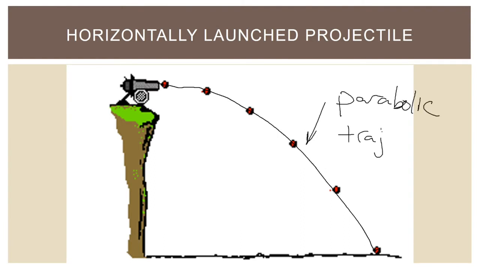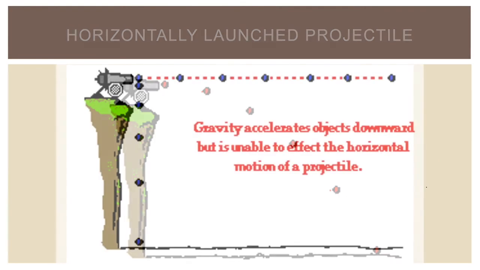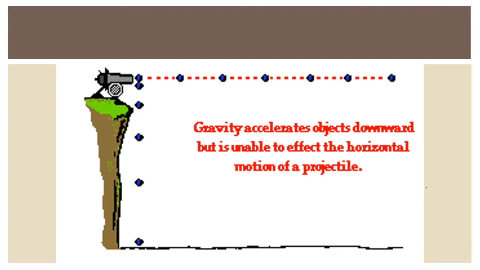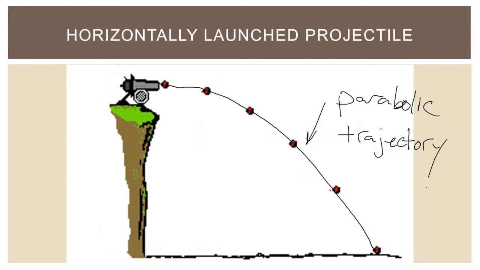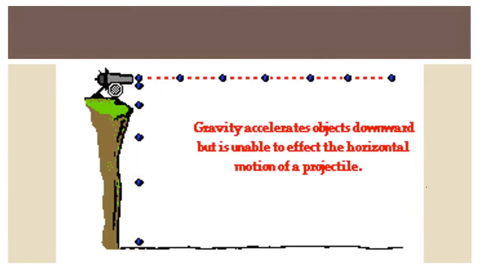The person who discovered that the trajectory of a projectile is parabolic was Galileo. This is a pretty easy thing to observe. Now, if we ask why that is, it's important to remember that this projectile is experiencing two separate motions in each direction.